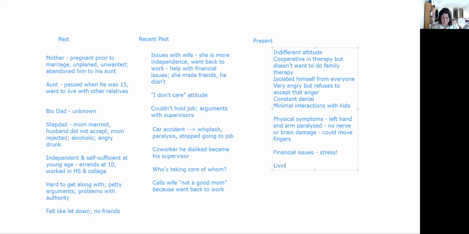Yeah, they live separate lives. He says he's waiting to divorce after the symptoms are gone. So it seems like he'll want her to take care of him in some way, or because he's financially dependent on her. Yeah.